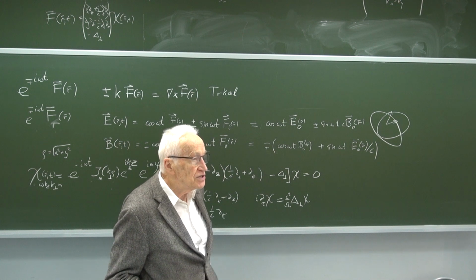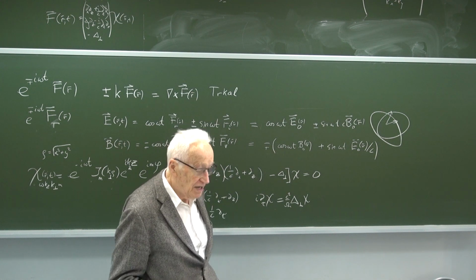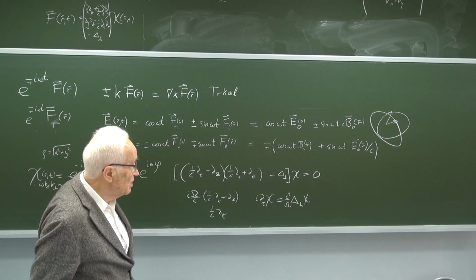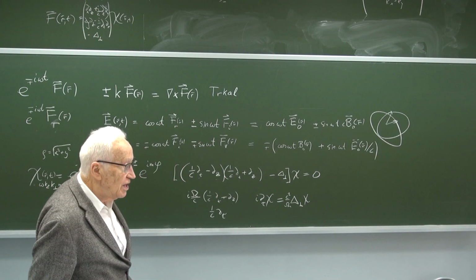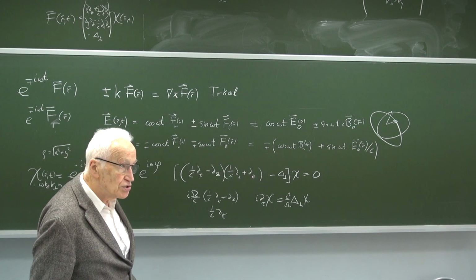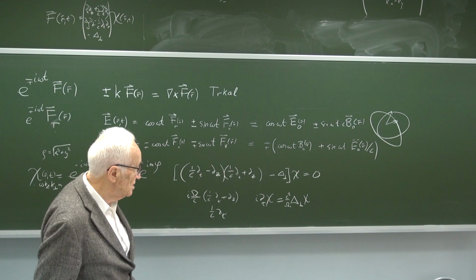This leads to many other solutions that are known and used, in particular what are called Gauss-Laguerre or Gauss-Hermite solutions of Maxwell equations.